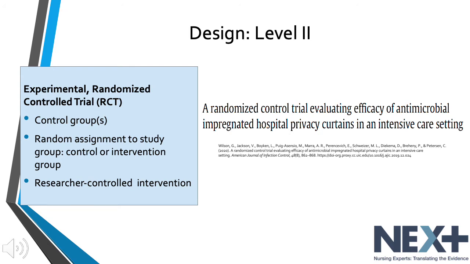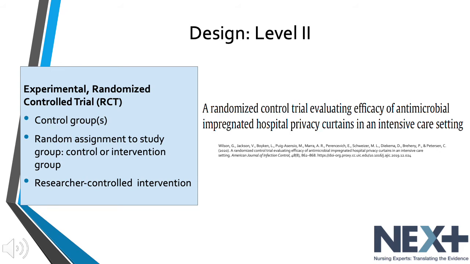Intervention fidelity refers to adherence to the intervention protocol. The higher the fidelity, the stronger the internal validity, and the greater the ability to detect a statistically significant change in the dependent variable, and again, the more confident we are that the intervention causes the outcomes.